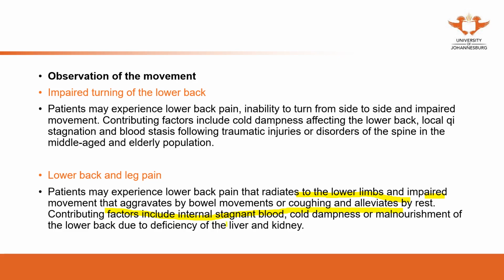This can be internal stagnation of blood, cold dampness, or malnourishment of the lower back due to deficiency of liver and kidney. Why we say kidney is because the lower back is the mansion of the kidney. The liver and kidney have the same source. That's why they're always together.